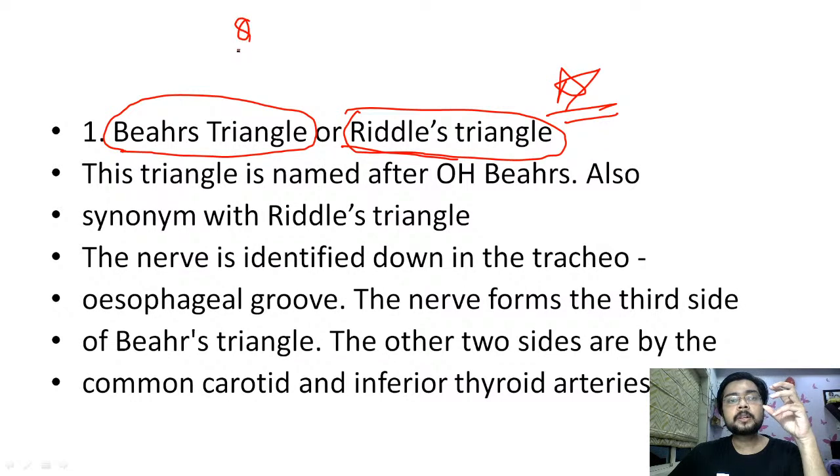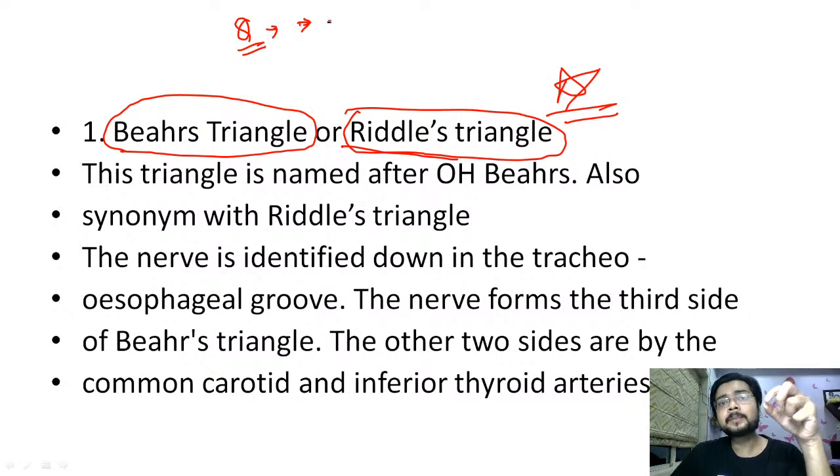And why it is important to read about this triangle is because the surgical concept of operating on the thyroid gland has changed. Initially, you remember we were talking about tying the arteries near to the upper pole and far from the lower pole, or vice versa.